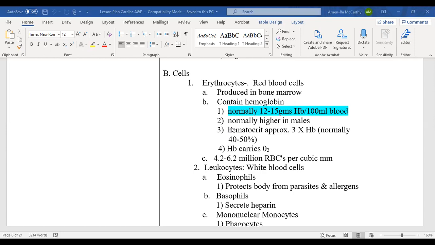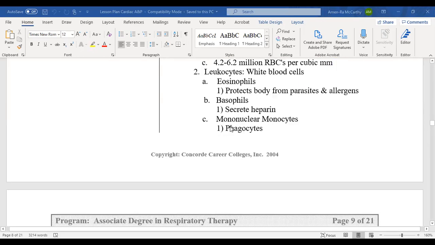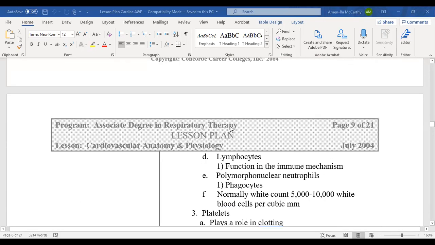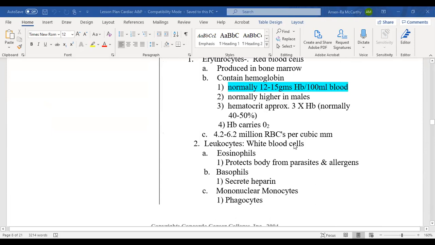Those white blood cells are broken down into a few different types. The white blood cell, also known as the leukocyte, is the soldier of the blood. Whenever there's a bacterial infection, your white blood cell count is going to jump up. Let's say you come to the hospital and you have a fever, you're febrile and short of breath, and the doctor wants to do a complete blood count, CBC.